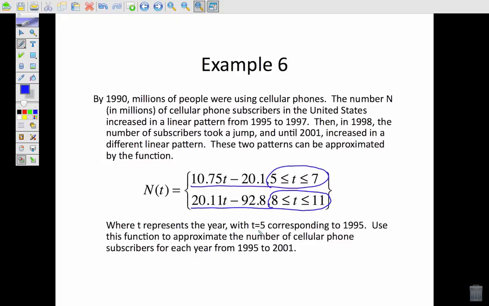So where t represents the year, where t equals 5 corresponds to 1995. So that's right here, 1995. This is 97. So during these years, this is the linear model that we could use to predict outcomes. It says use the function to approximate the number of cell phone subscribers for each year from 95 to 2001.